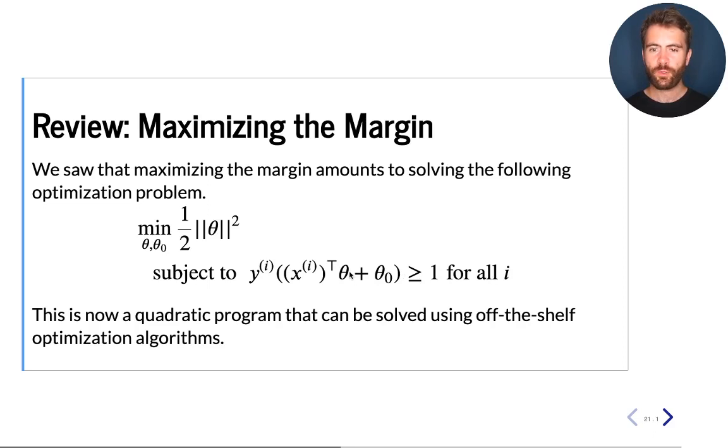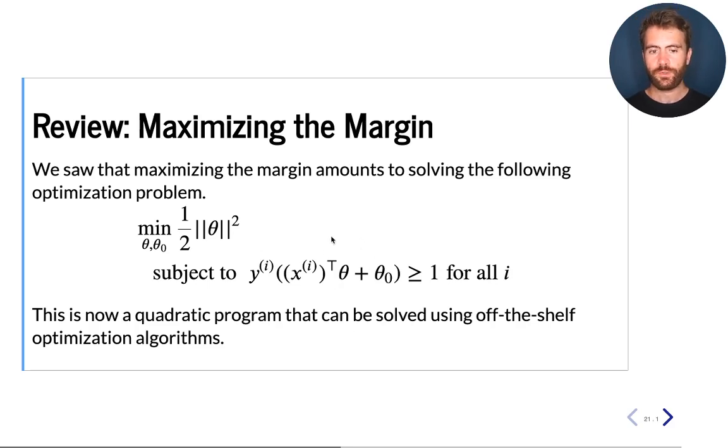But by searching for hyperplanes that classify all the points with a functional margin of at least 1, and for which the norm is as low as possible, we resolve this scaling issue. This is just another interpretation of this objective that I haven't mentioned in the previous video.